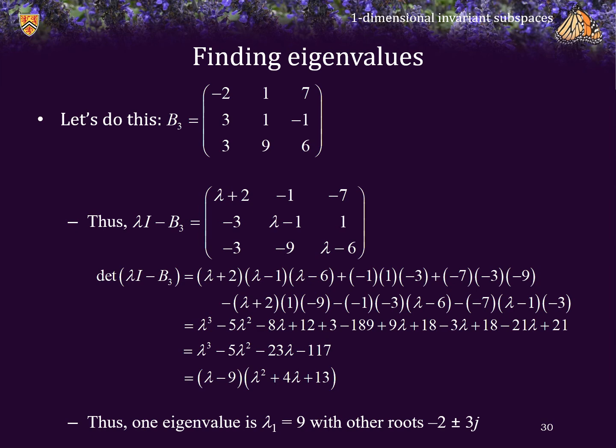So for this matrix, there is only one real eigenvalue and one eigenvector that, when multiplied by this matrix, will result in that eigenvector being stretched by a factor of 9.